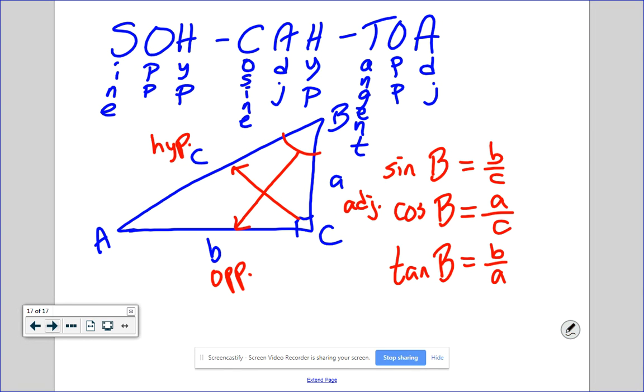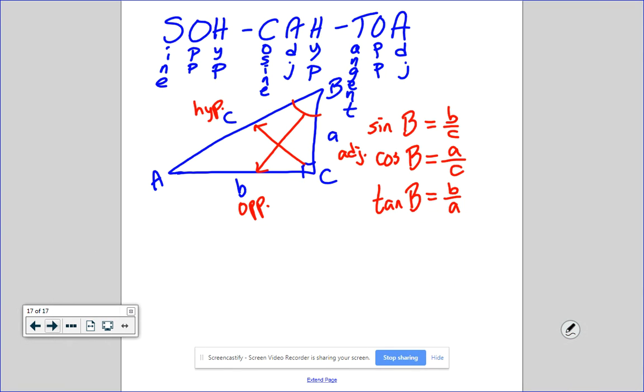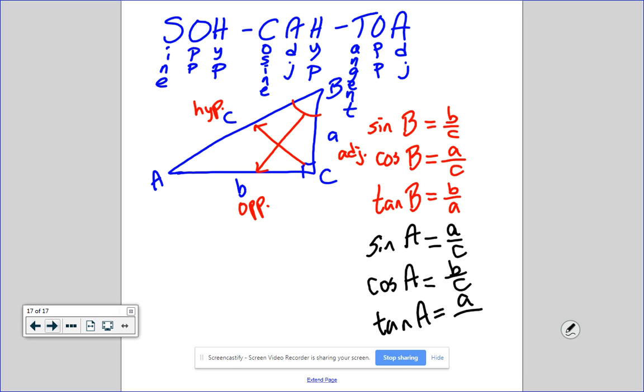Okay, so if we wanted to do sine of A, now opposite would become A, so it would be A over C. Cosine of A would be B over C. Tangent of A would be A over B. So really what happens?